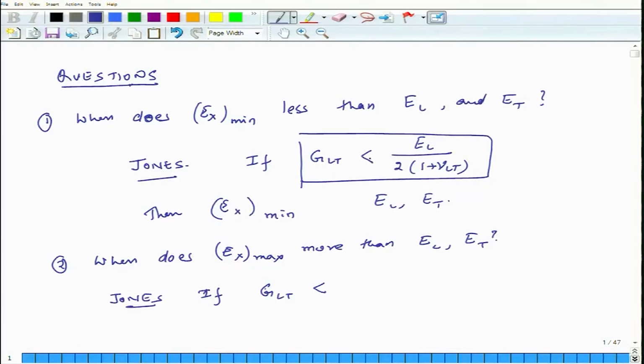If GLT is less than this, then this is less than this, and if GLT is more than EL divided by 2 times 1 plus nu LT, then Ex max exceeds EL and Et.